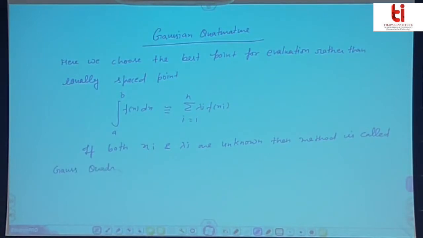So in this integration, if lambda_i and x_i are not known, then we'll say it is the Gauss quadrature method.